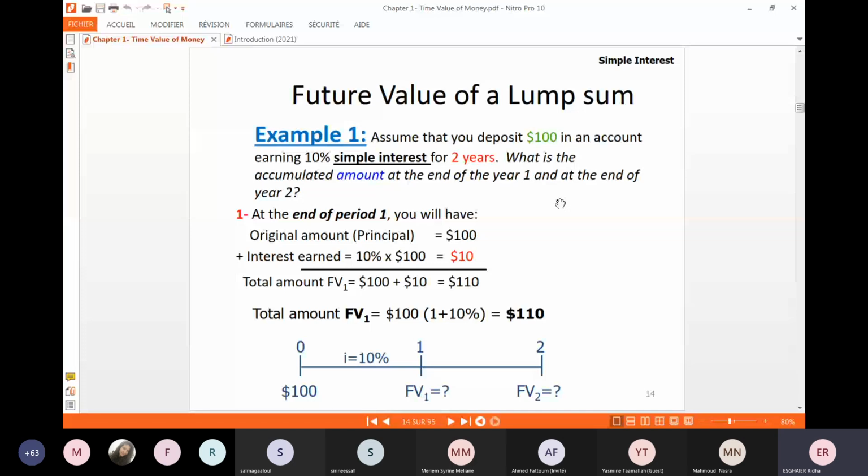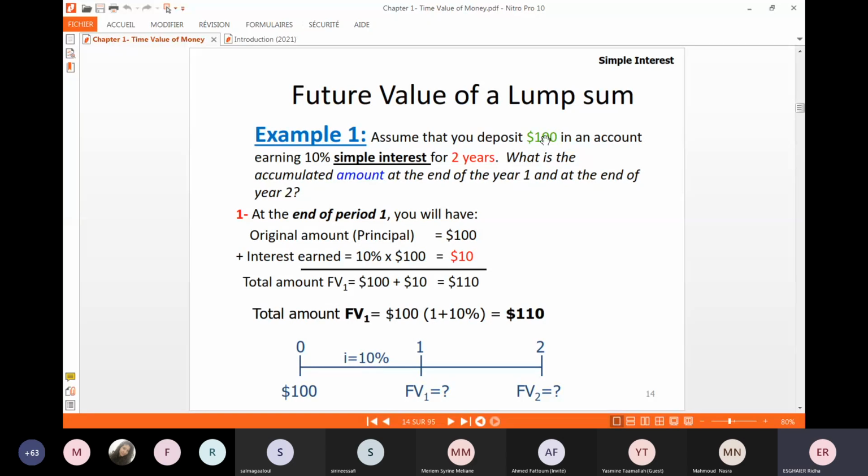What is the accumulated amount at the end of year 1? And what is the accumulated amount at the end of year 2? When we apply the simple interest principle, the 10%, the interest is computed on the basis of the $100 each year. So each year we will have the same interest.